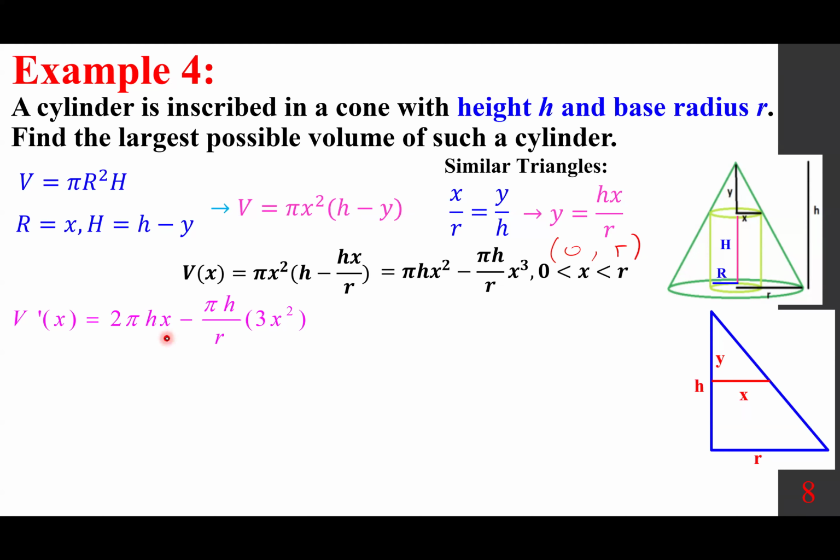The reason I'm going to do that, because I need to find my critical points. So if I get pi and h and x out, this gives me 2. Pi and h and x out, this gives me minus 3x over r. So 2 pi hx minus 3 pi h over r x squared. Okay. And we can take the pi hx out.